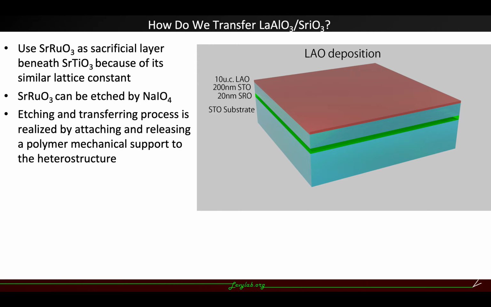And this XRD image shows that our LaSTO membrane is single crystalline, and this terrace on the LAO surface also indicates that the structural property of our LaSTO membrane is well preserved.